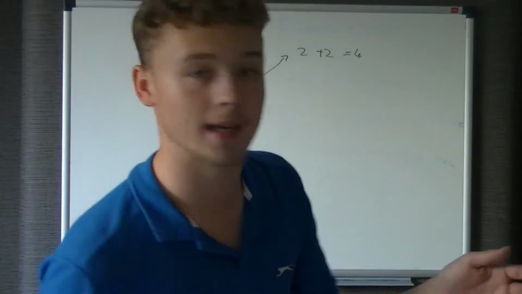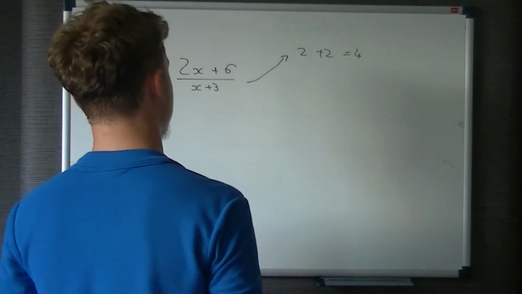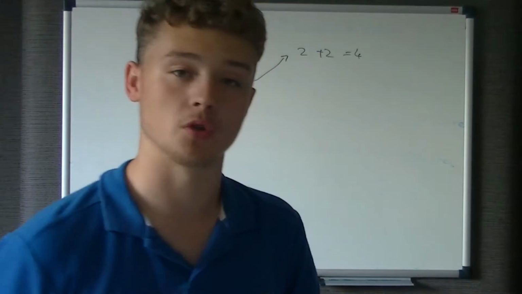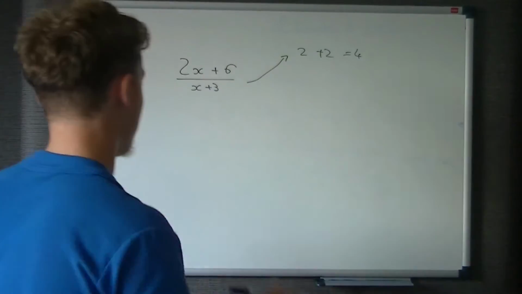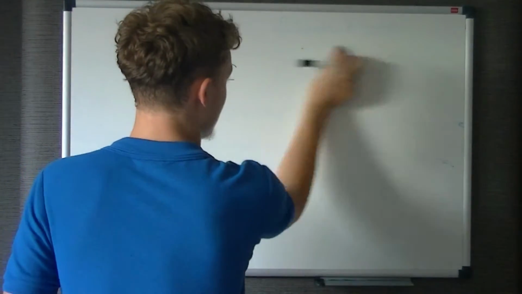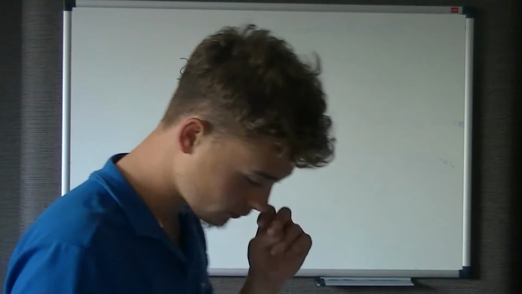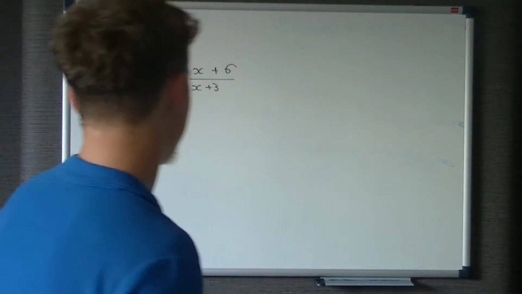They'll just leave it as 2x plus 6 over x plus 3 and try to do the fraction straight away. Obviously that's not the right answer, but you get where I'm going from that.